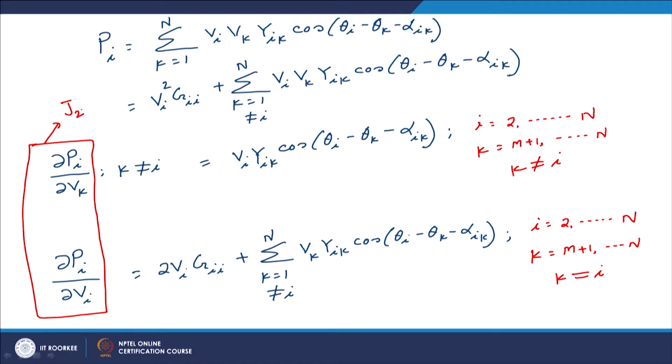So, now let us go to the matrix J3. Matrix J3 we have already seen is del q by del theta. Now, vector q is q m plus 1, q m plus 2, up to q n transpose.